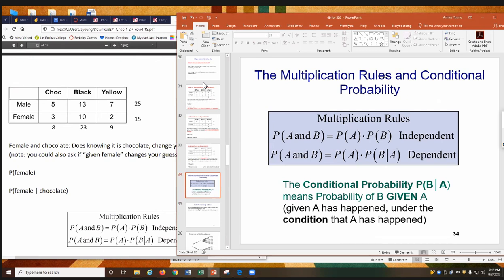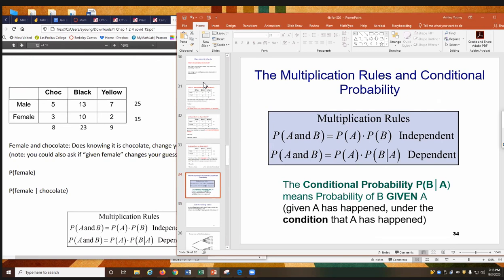The multiplication rules and conditional probability. The probability of A and B is equal to the probability of A times the probability of B. And that is independent. And the probability of A and B is equal to the probability of A times the probability of B given A. Dependent.